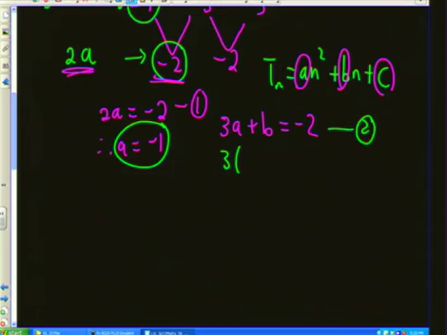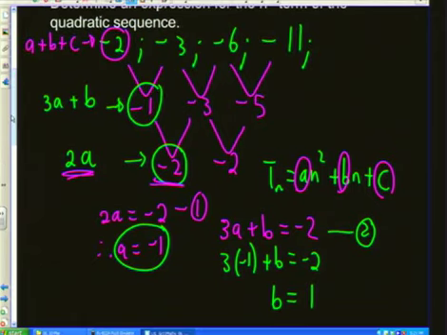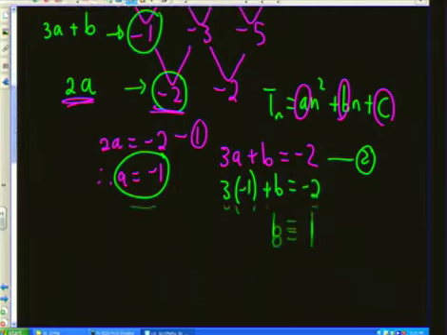So you get -3 plus b is -2. Therefore, b will be equal to 1. I've got a, I've got b, and I need to work out what c is. Now, I go up. I know that the first term is a plus b plus c, which gives me -2.